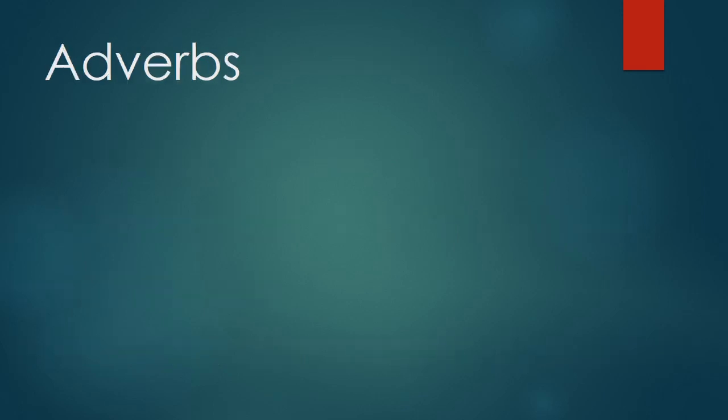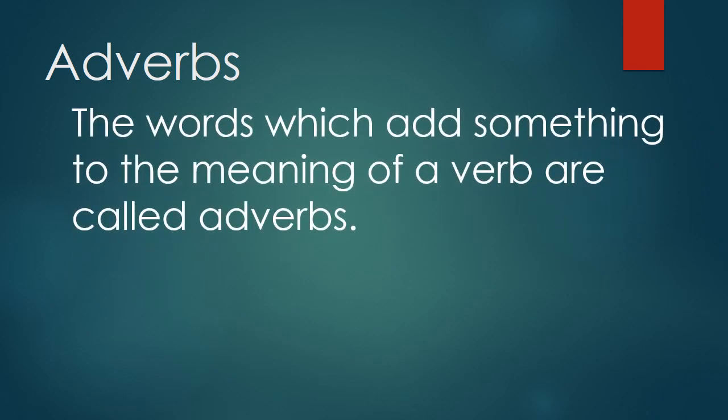Let's begin with adverbs. First of all, I'll tell you what are adverbs. The words which add something to the meaning of a verb are called adverbs. I repeat, the words which add something to the meaning of a verb are called adverbs.